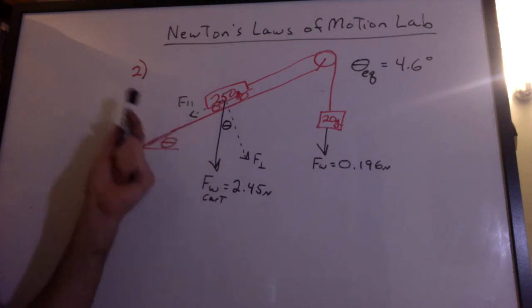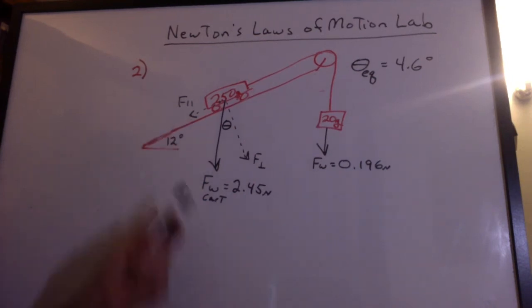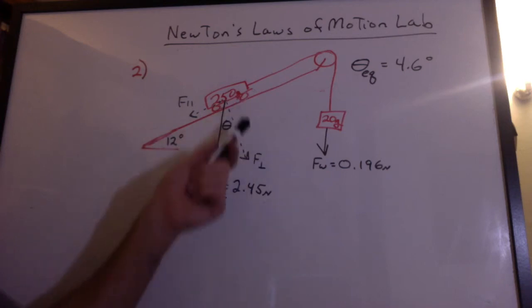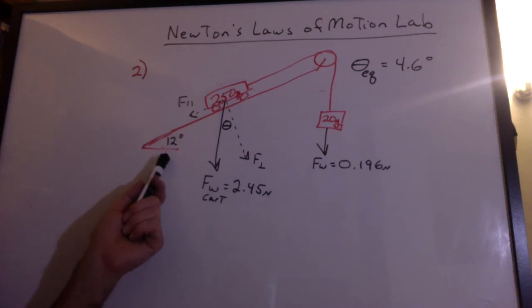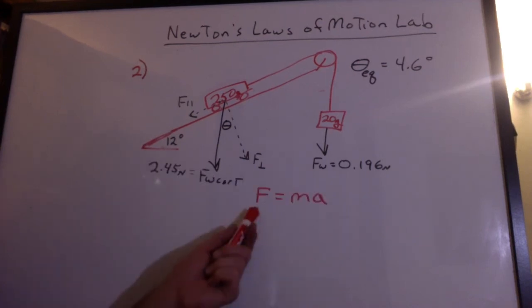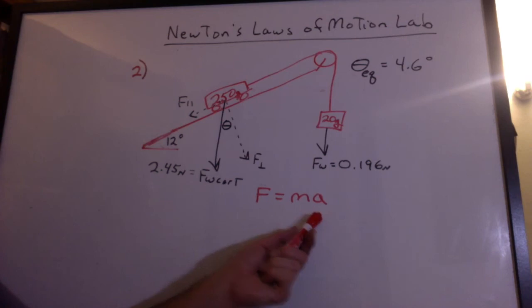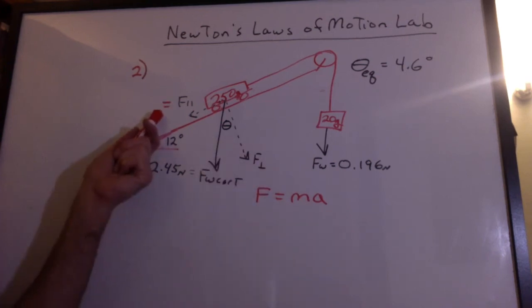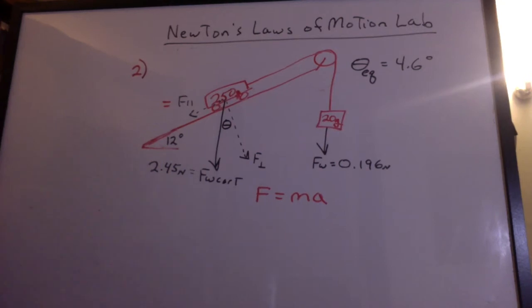And now we're going to tilt the ramp to maybe 12 degrees. You don't need to try to match this height to a certain angle. Just get the thing up and measure the angle. Now we can use Newton's second law to determine the theoretical acceleration. First, let's calculate the force going down the plane.